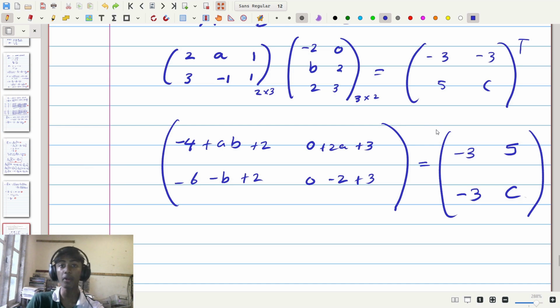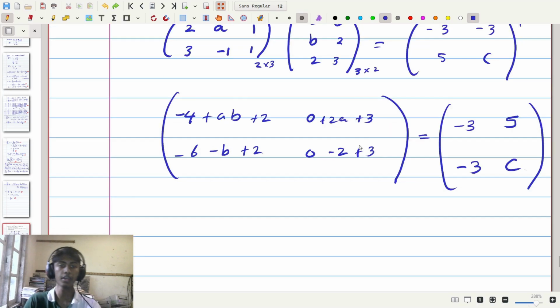Now with this, what we have to do is to exercise the rule for two matrices of the same size to be equal to each other. If these two matrices are equal to each other, then every element in the first matrix must be equal to the corresponding element in the second matrix.